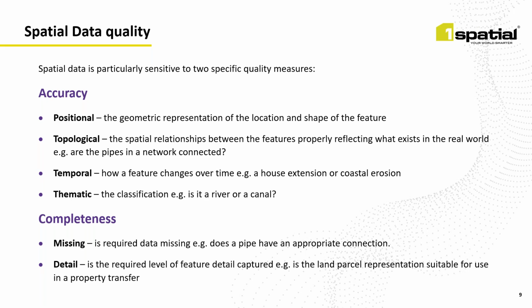And then we move on to the completeness of the data. We want to make sure that no data is missing. Does that pipe that we've talked about have an appropriate connection with the next length of pipe in the network? And also the detail, so is the required level of feature detail captured, and again, is that suitable for the use in which we're going to put it?